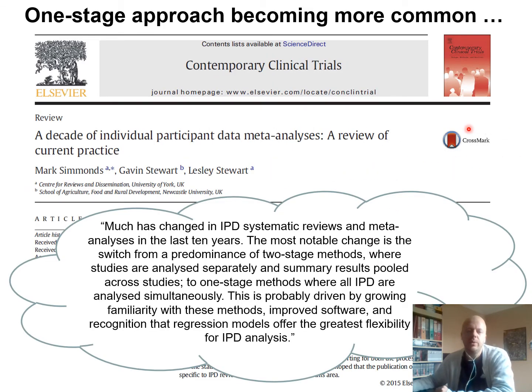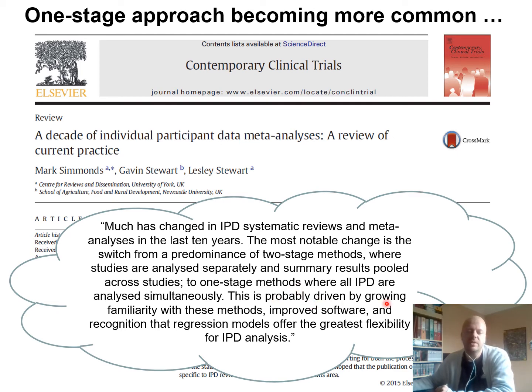A review a number of years ago by Mark Simmonds looked at the previous 10 years of IPD meta-analyses and concluded that much has changed, and one of the things that had changed most of all was that many researchers are switching from two-stage methods to a one-stage method where all the IPD are combined together in the same analysis.